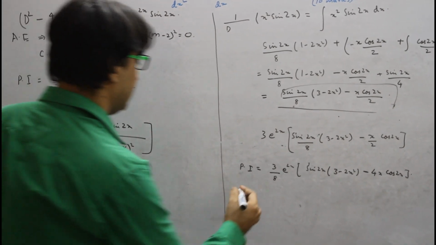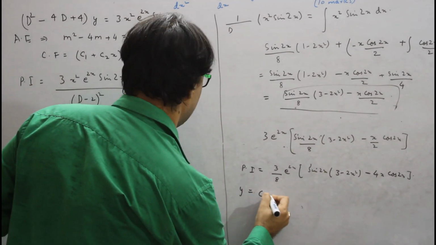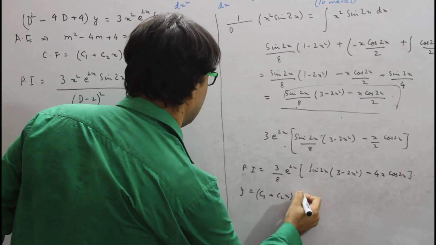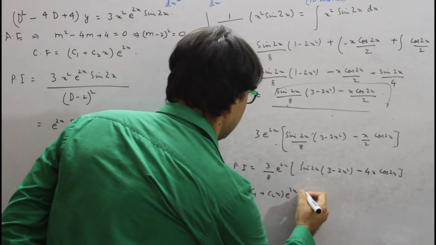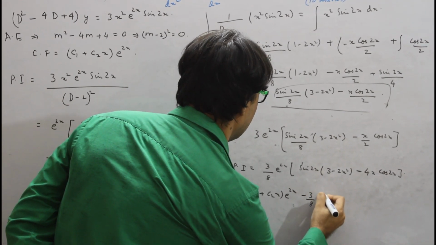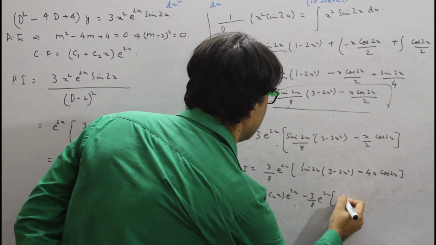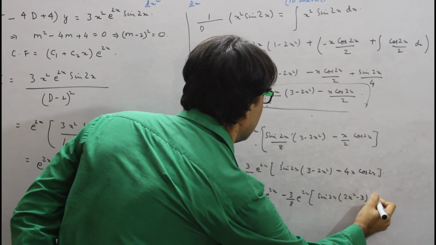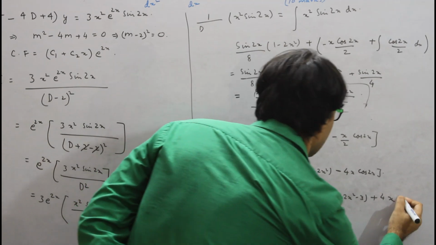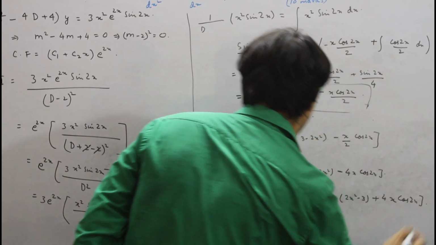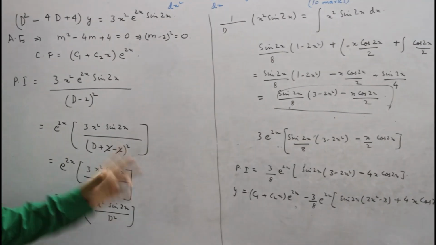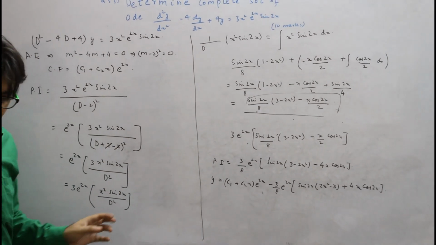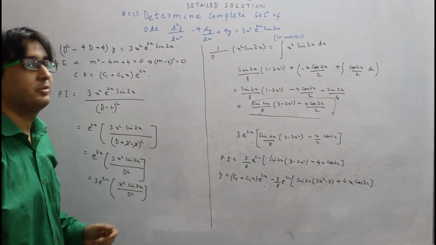So the answer is y is equal to c1 plus c2 x e to the power 2x. If we take minus sign as common, we can revert it as sine 2x square minus of 3 plus 4x cos 2x. Well, this solution may seem quite unorthodox, not given in many of the books, but this is also one of the ways of doing it.